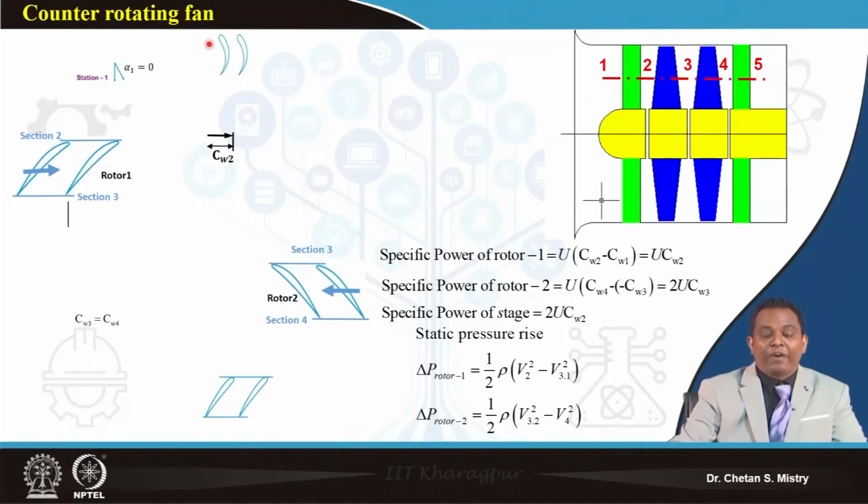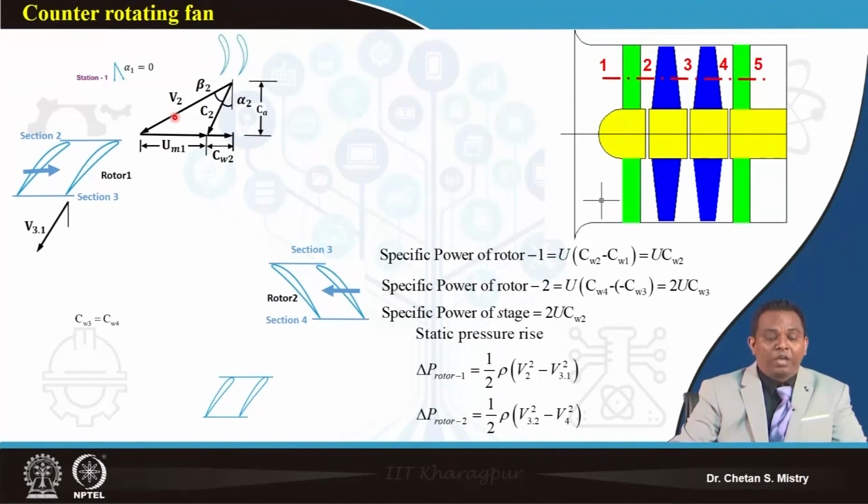But suppose I am looking for my flow to enter at a certain angle. This is the angle with which the flow is entering, say C2. This is the peripheral speed of rotor 1, and connecting them gives the relative velocity component. This is known to you, so you are now fundamentally clear how the velocity triangle at the entry happens. Similarly, we have the exit with relative velocity V3.1.